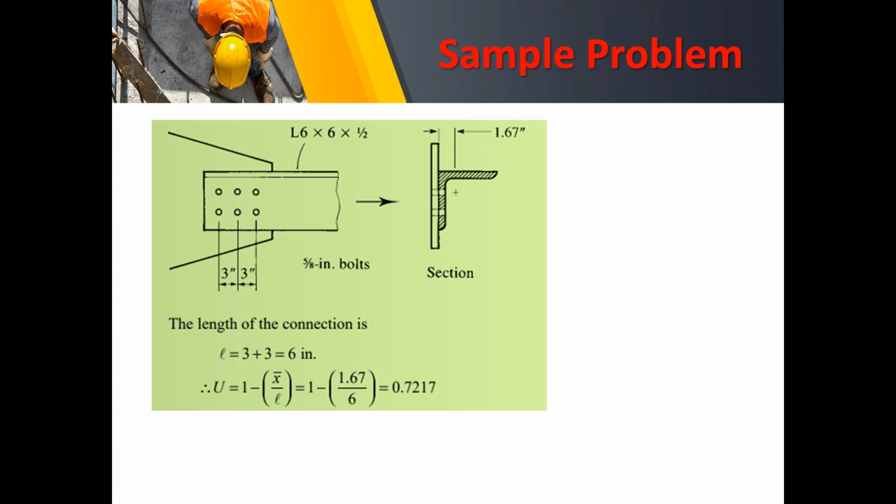Therefore, we have a reduction factor equal to 0.7217, and that shall be multiplied to your net area to get the value of the effective area. So 5.02 times 0.7217 would equate to 3.623 square inches.